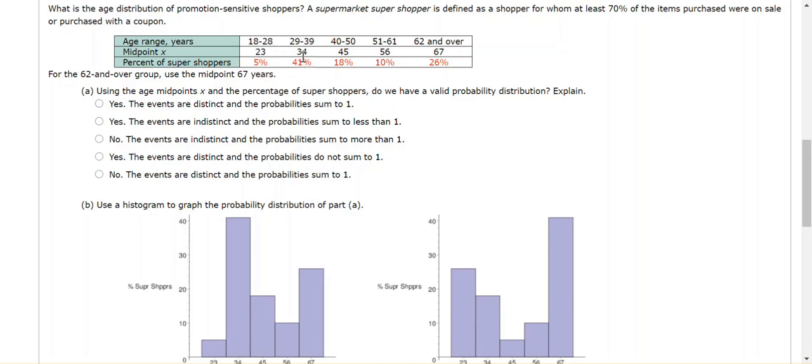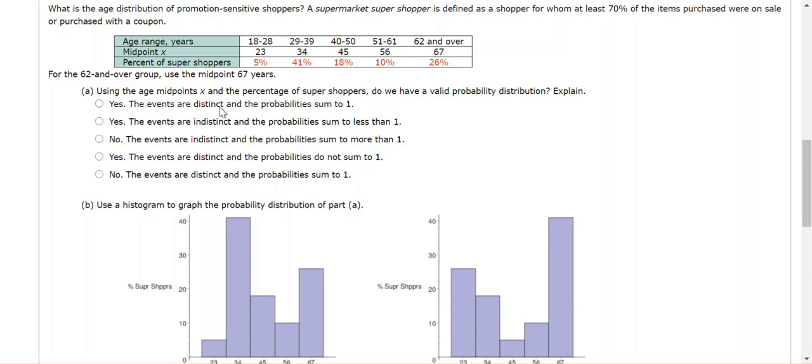The probability that a randomly selected super shopper is between the age of 29 and 39 is 41%, and so on. So if I add up 5% and 41% and 18% and 10% and 26% and I get 1, then I have a valid probability distribution. So I add those up and I do believe that that equals 1.